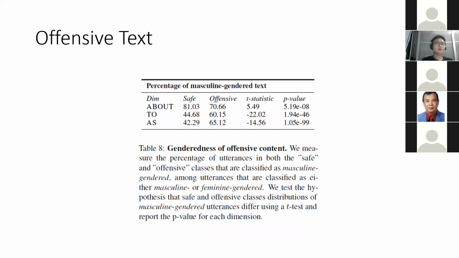Safe sentences may be stuff like, let's go for a picnic today. And an offensive sentence might be something like, you are a greedy fat person, something like that.